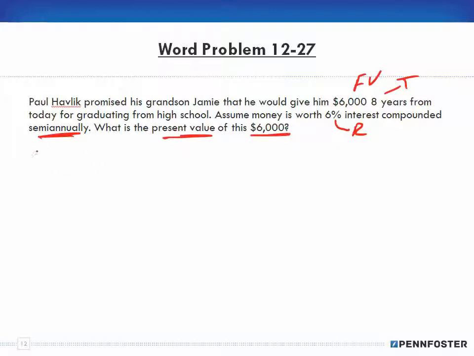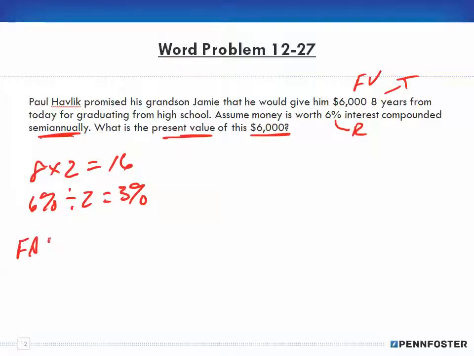Right. So 8 years times compounded semi-annually, which is 16 periods. At 6% interest, that's divided by 2, gives us 3% per period. So I'm going to look at the table, and without doing that, I know that the factor is 0.6232.